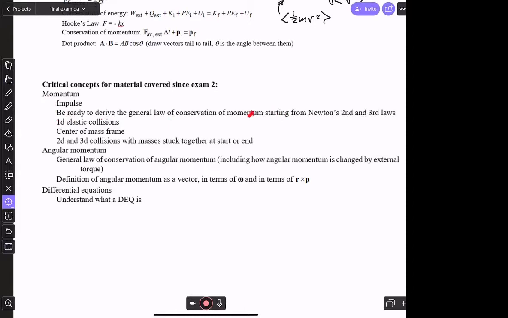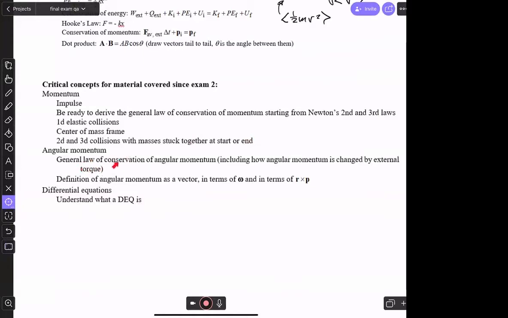Be ready to derive the general law of conservation of momentum starting from Newton's second and third laws. 1D elastic collisions, the idea of analyzing collisions in the center of mass frame, which is kind of part of this, and then 2 and 3D collisions where the masses stick together at the start or the end. And I should have put this as part of this, sort of the opposite, meaning something that explodes, so where the objects start together and then explode apart.